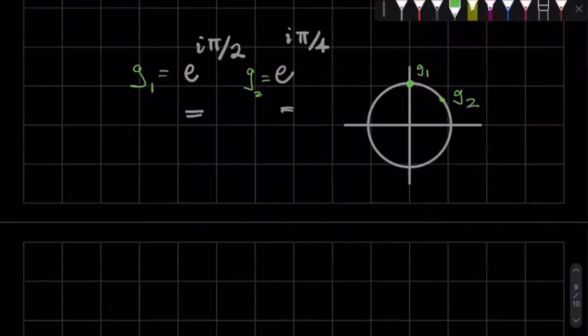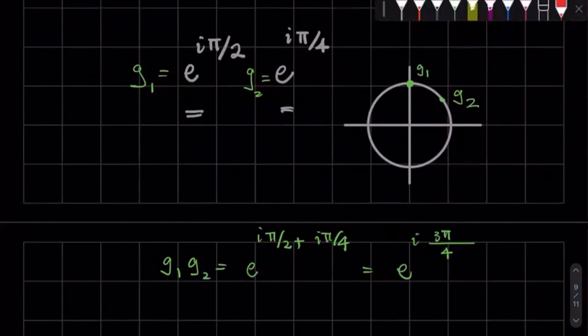Now, if I multiply these two together, G1 times G2, I get e to the power i pi by 2 plus i pi by 4, which is e to the power i 3 pi by 4, right? So that means that if I multiply these two things, I end up at this point.